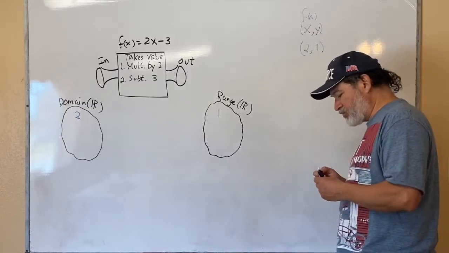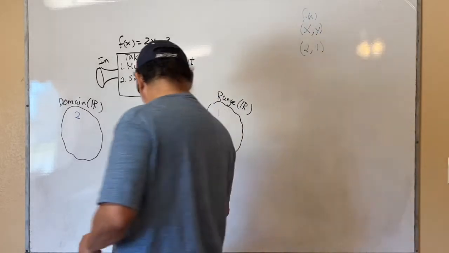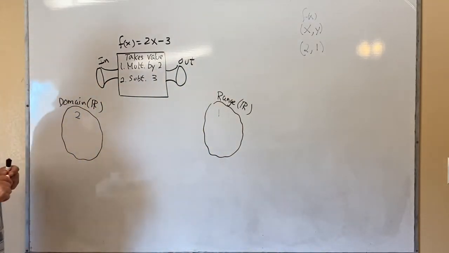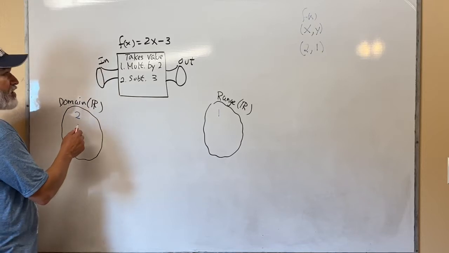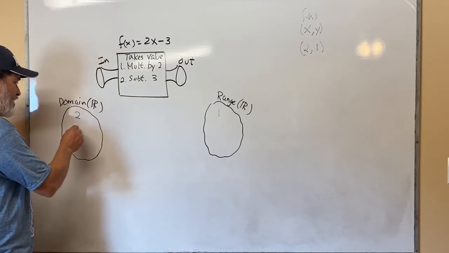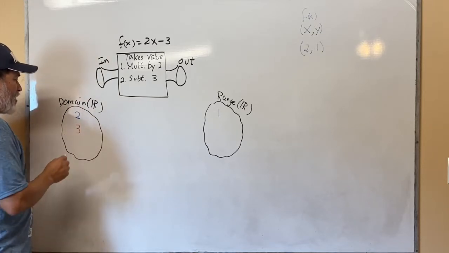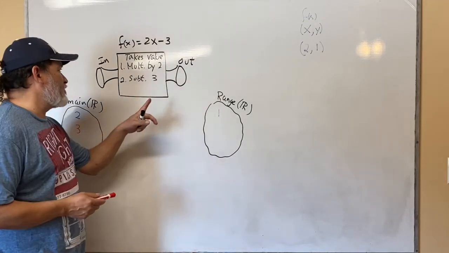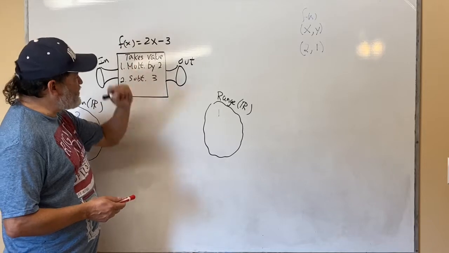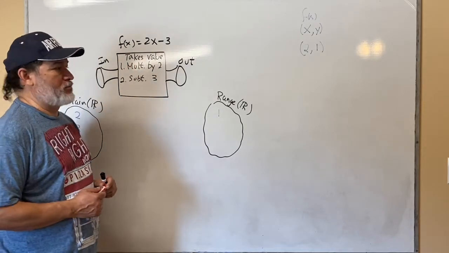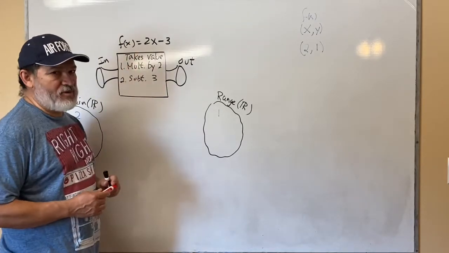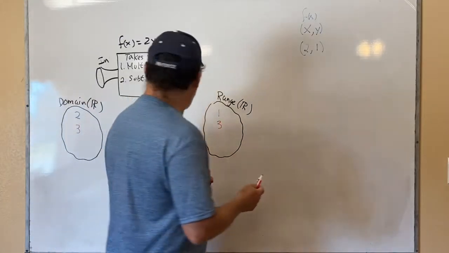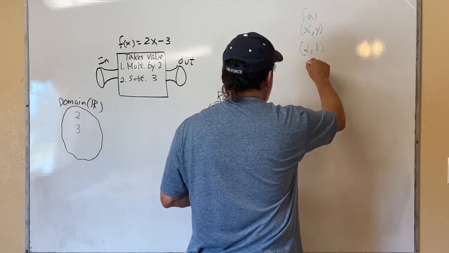All right. Let's send in another one. Let's send in a 3. If a 3 goes in, what's going to come out? 3 times 2 is 6. 6 minus 3 is 3. A 3 comes out. So now we have the point (3, 3).